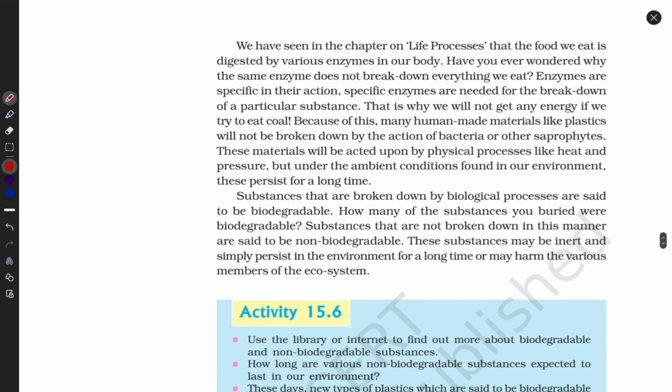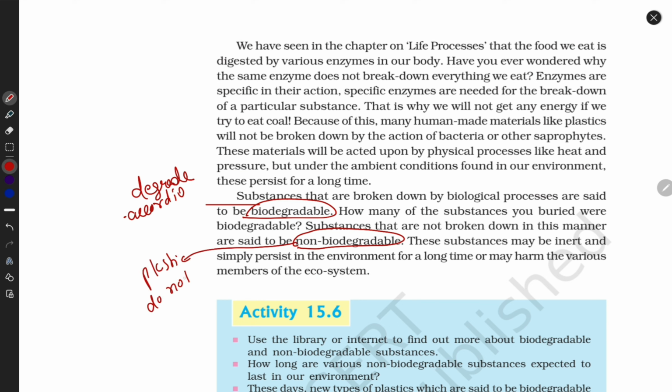There are many kinds of pollutants, like biodegradable and non-biodegradable. Biodegradable compounds degrade over time, but non-biodegradable ones, like plastic, do not degrade. Generation after generation, they never degrade.